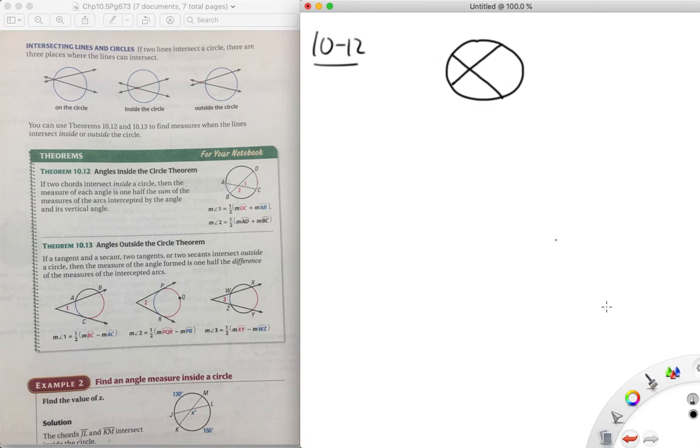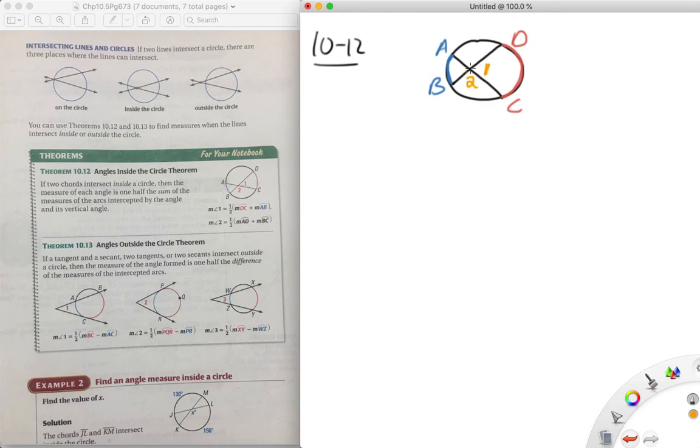We'll call this guy AB. We'll call this guy DC over here. All right, we have angle 2 and we have angle 1. That's angle 2 and angle 1.